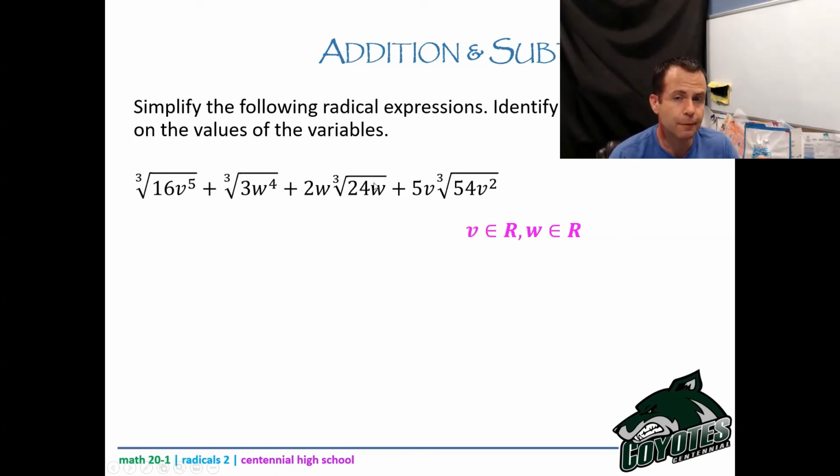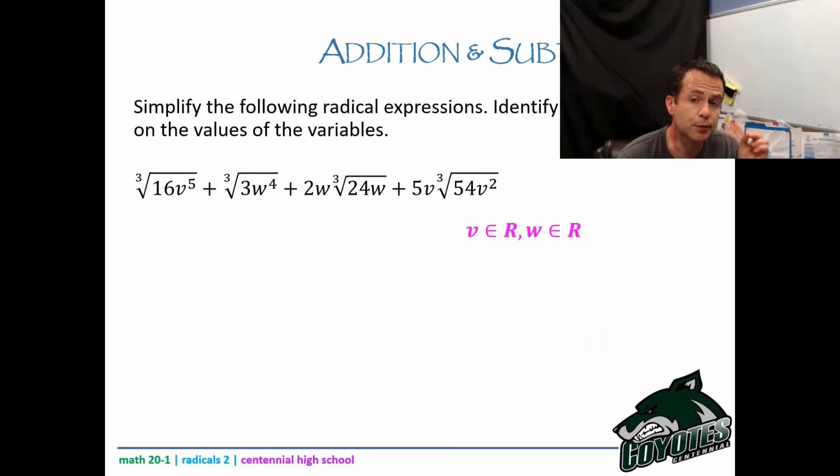Here, 24, I can take out an 8, so I would have cube root of 8 times the cube root of 3w. Okay, then on the last guy, I've got the plus 5v, the cube root of 54v squared.